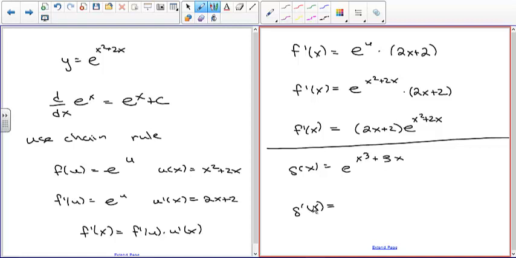Write down what you think the derivative should be. So over here what we did is we just took the derivative of the exponent and then multiplied it by the original function. That same thing's true here. Take the derivative of the exponent, multiply by the original function.